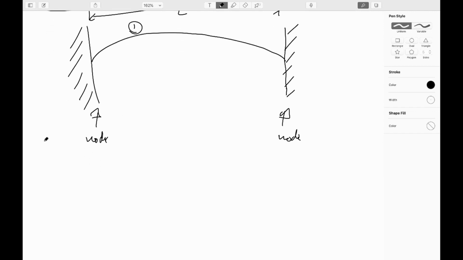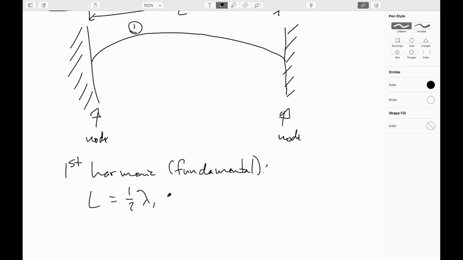This turns out this will get called the first harmonic. Also gets the name the fundamental. So here, because there's just one loop, that's half of a wavelength. So we can rework that to get that the wavelength is 2 times the length of the string.